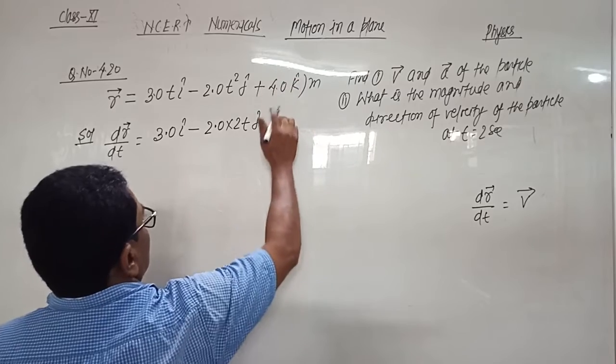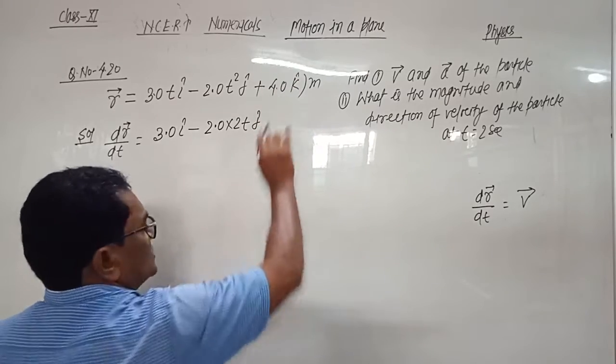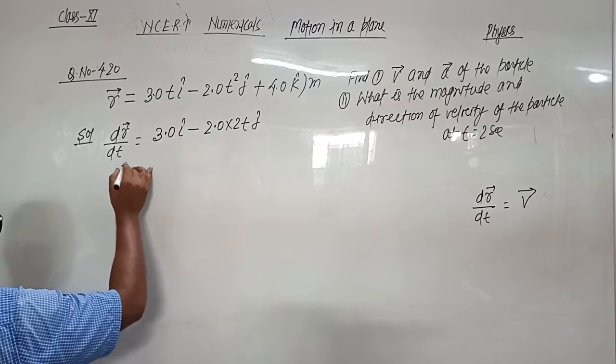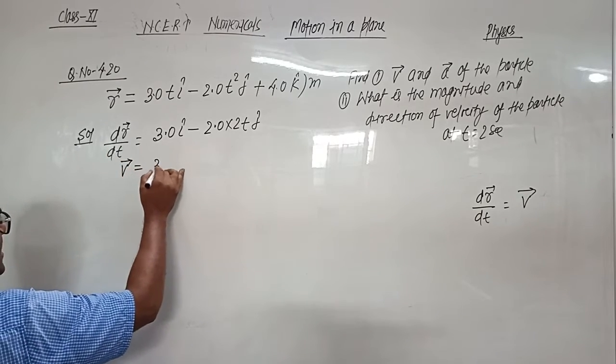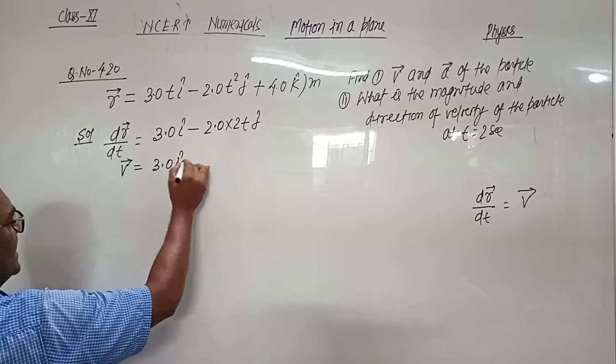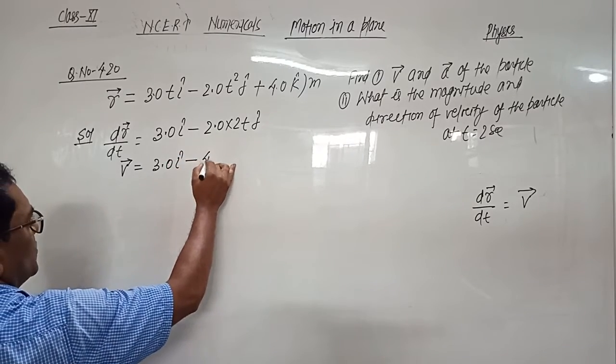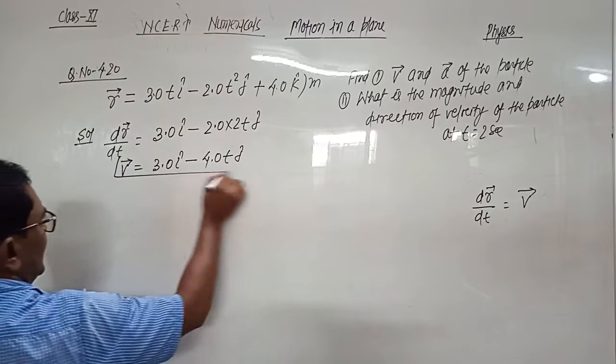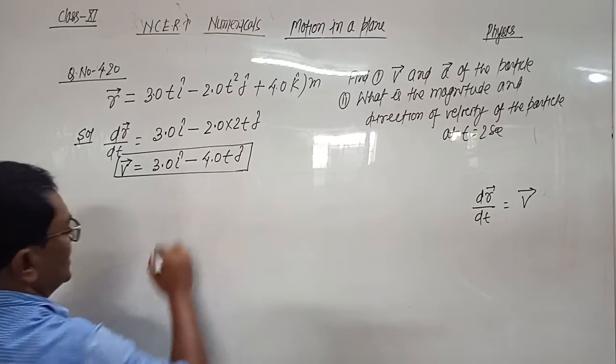So velocity equals 3.0 i cap minus 4.0t j cap. This is the expression for velocity.